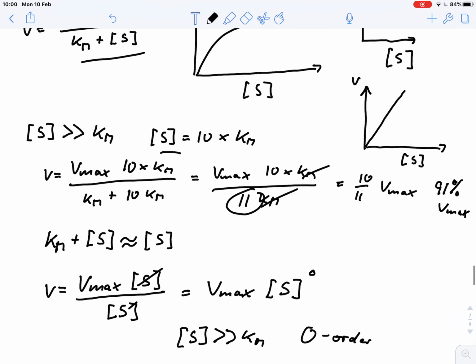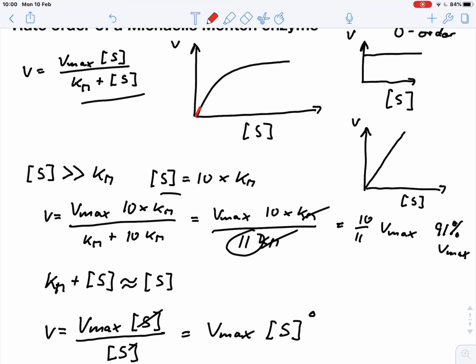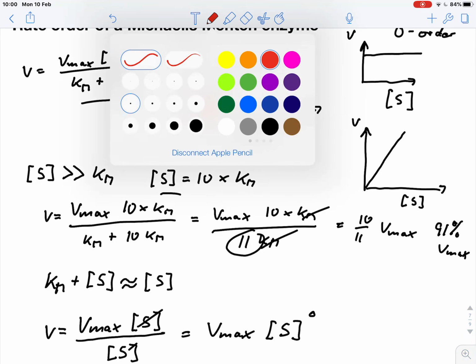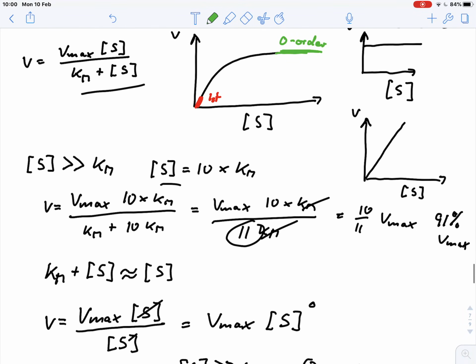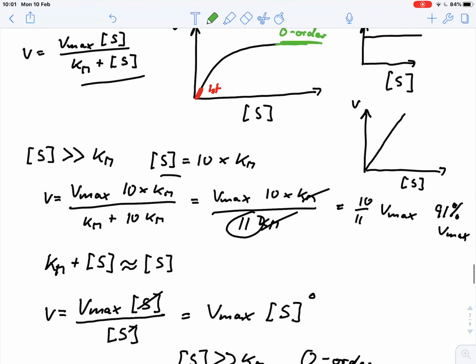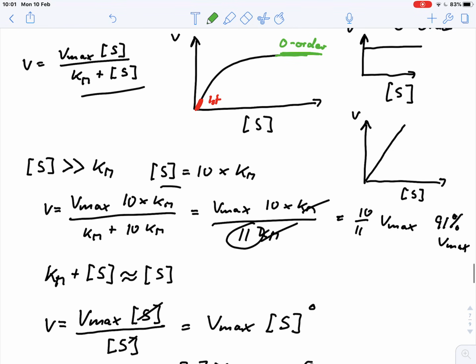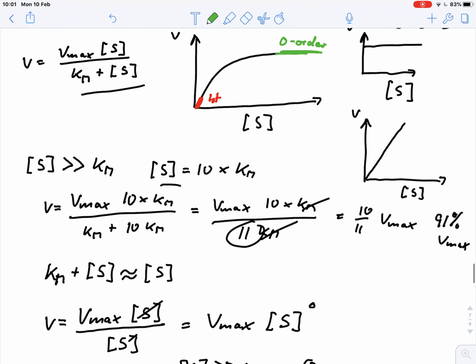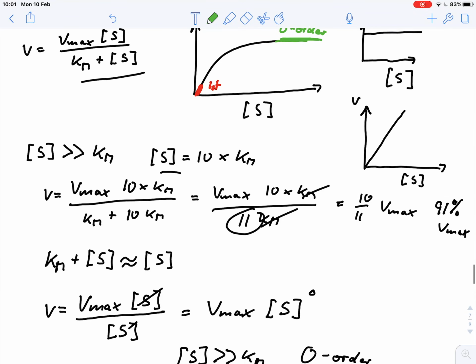And that is exactly what we see here with our Michaelis Menten plot. Right at the beginning, when the substrate concentration is very small, we have a first order. And this then changes, when the substrate concentration gets very high, into a zero order reaction. And in between, we have anything between the first order and the zero order. So a Michaelis Menten reaction can be anything between zero order and first order, and it varies with the substrate concentration.